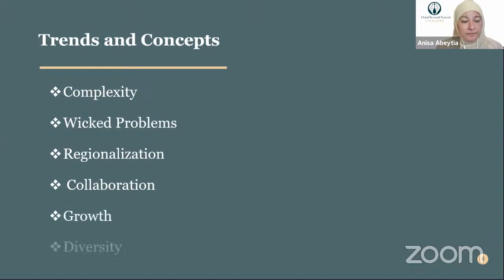Growth and diversity. So I'm going to talk a little bit more about diversity than growth. And as I had mentioned, with the collaboration, the diversity, not only just the diversity of people, but diversity of thought. There's not just one way to approach a problem.